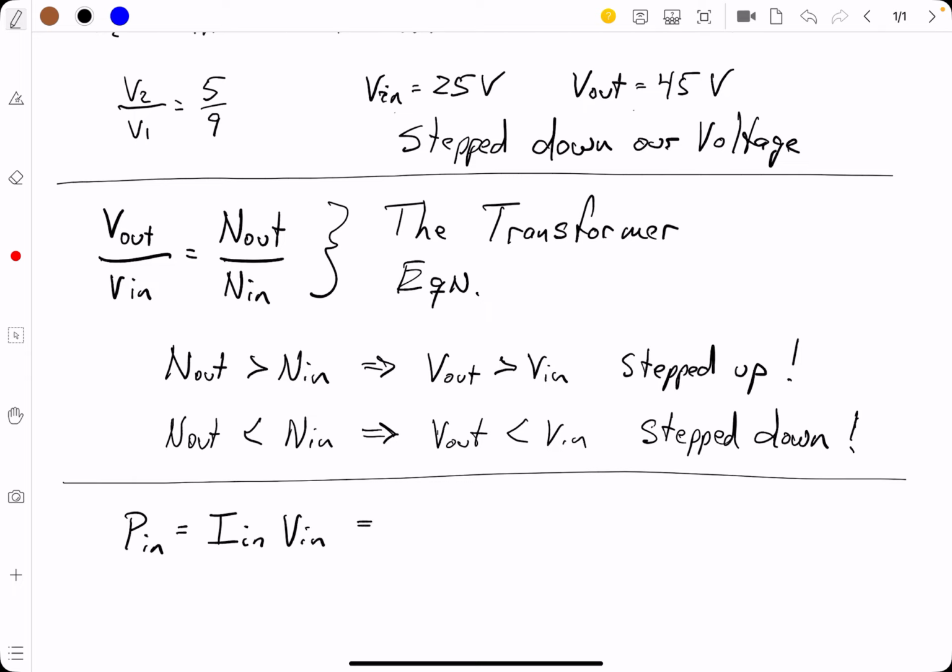And if we say that that is equal to our P out, okay, so the power going in has to be equal to the power going out because there's no power lost in the transformer itself. So that means that this has to equal this.